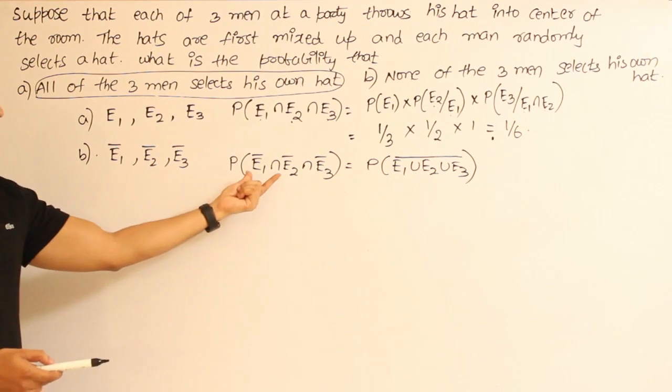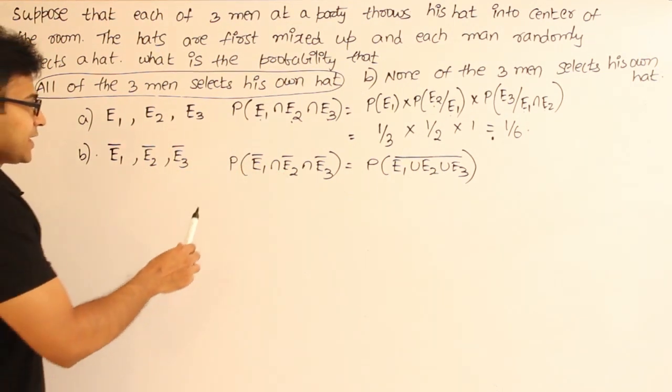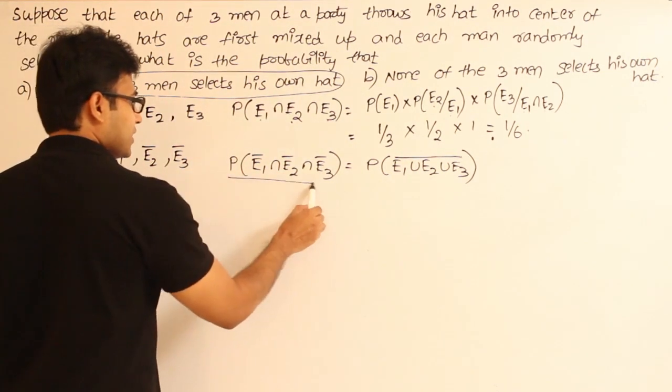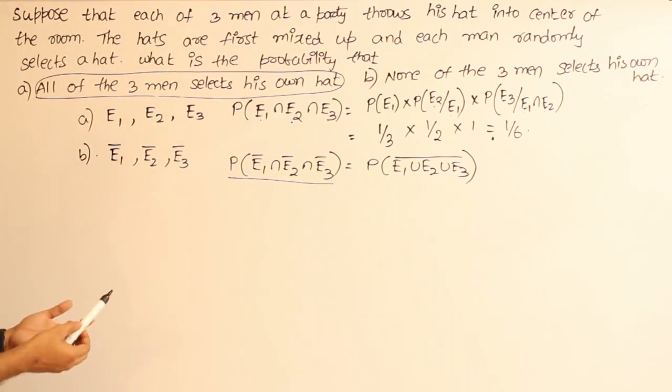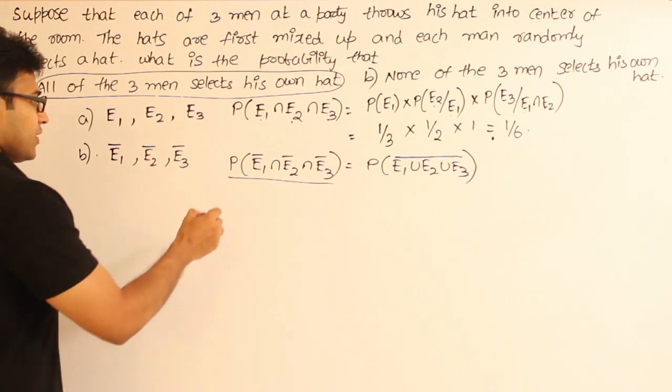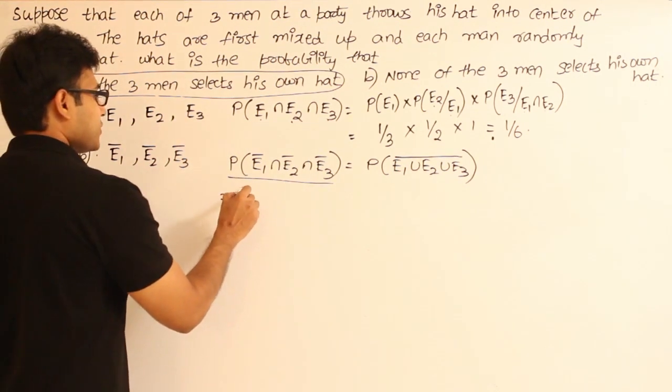Now it is again looking like an intersection, and we might feel like applying the multiplication rule. Now let's see what happens if you apply the multiplication rule.